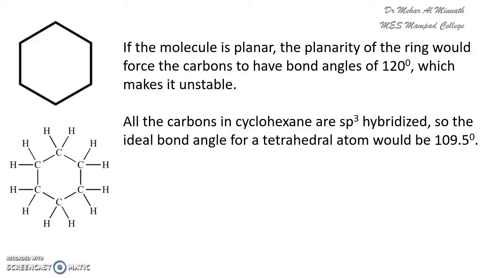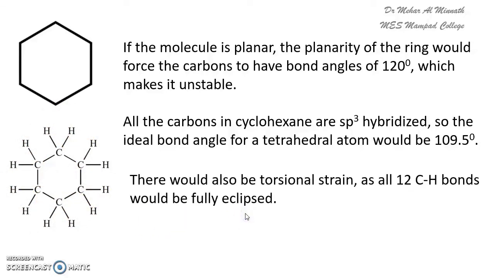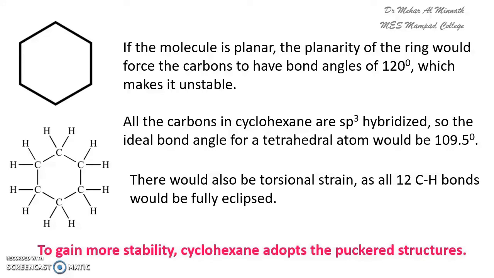Moreover, there will be a torsional strain because the C-H bonds on cyclohexane will be in the eclipsed form if cyclohexane has a planar structure. So if cyclohexane is planar, there will be angular strain and torsional strain. In order to avoid this strain, cyclohexane adopts a puckered structure.